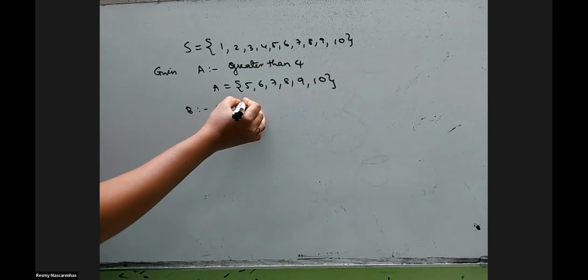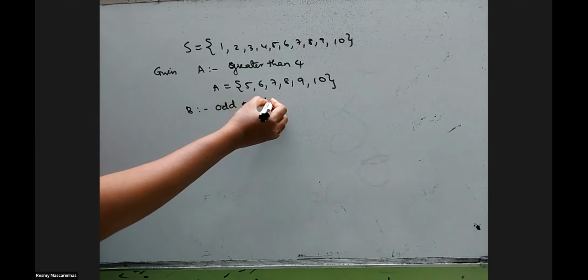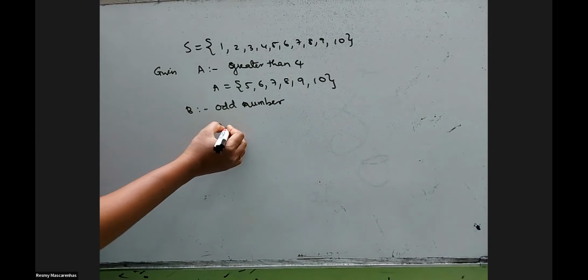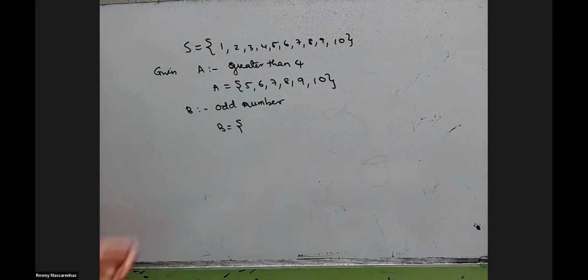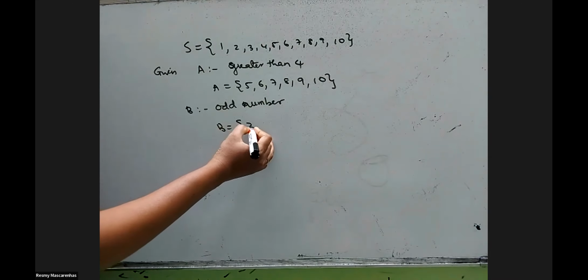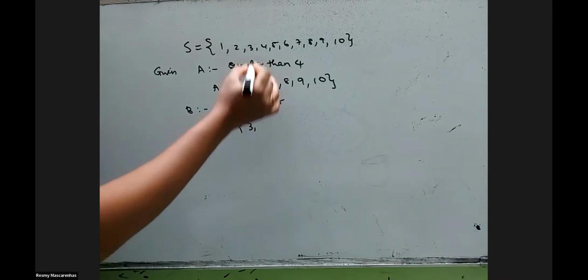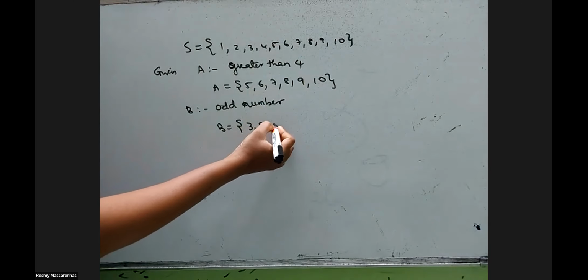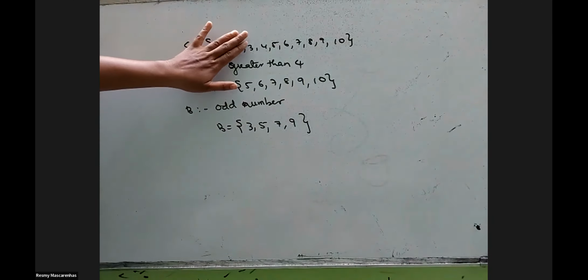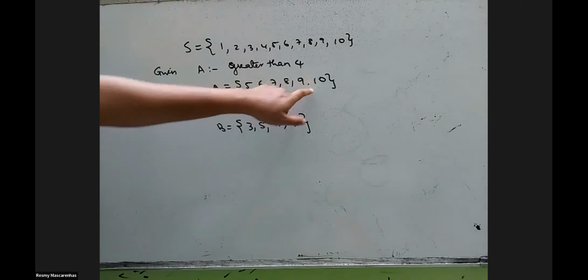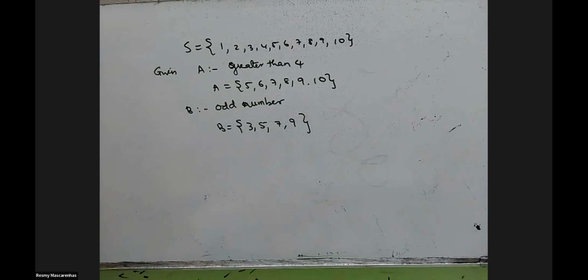An odd number appears. Which all are the odd numbers? You can take from here also, because even if you take from here, finally when you take the intersection, it will be common. We can take this also, no problem. All the odd numbers from the sample space: 3, 5, 7, 9. Even if you don't write this, you start from here, out of these odd numbers also you can do, no problem.